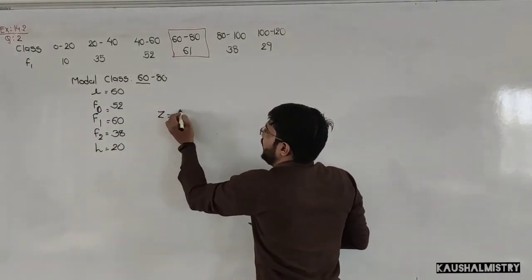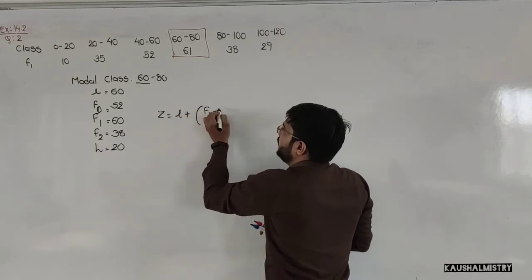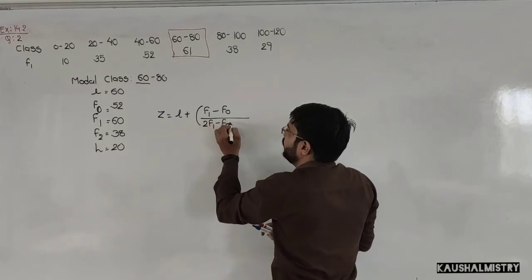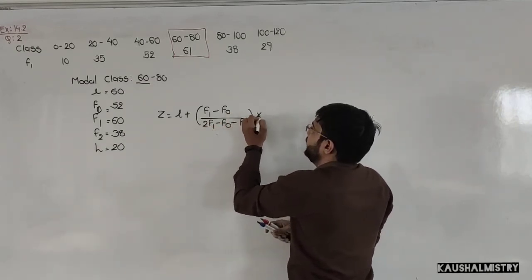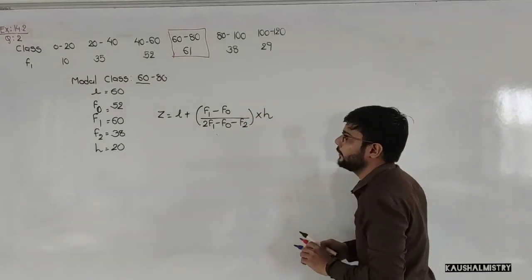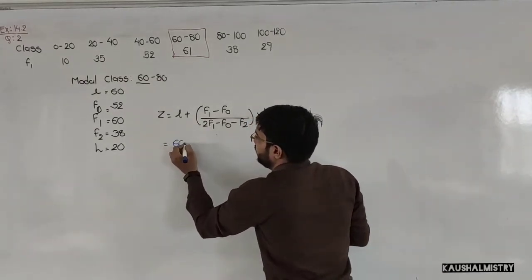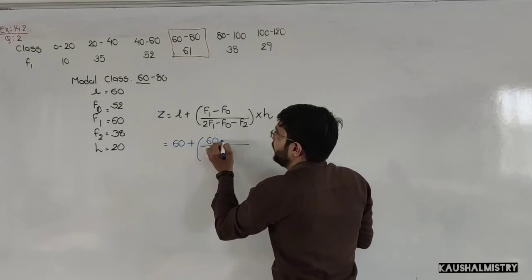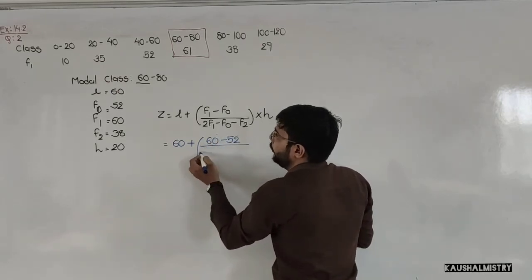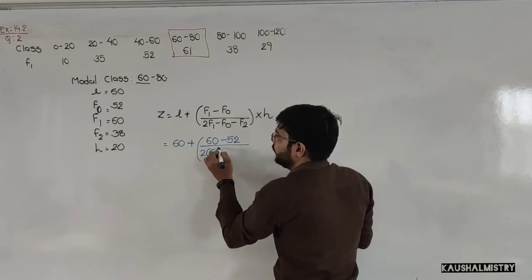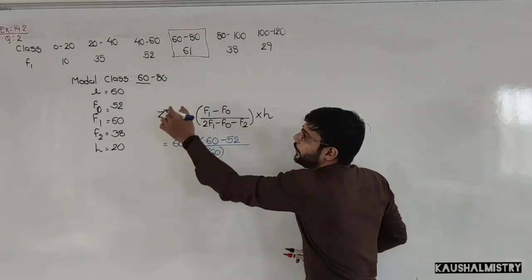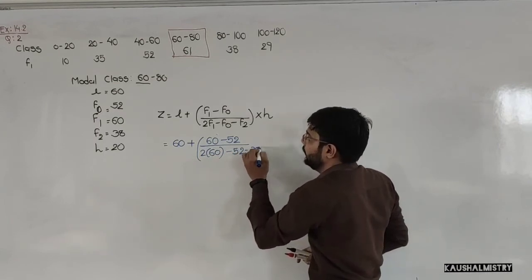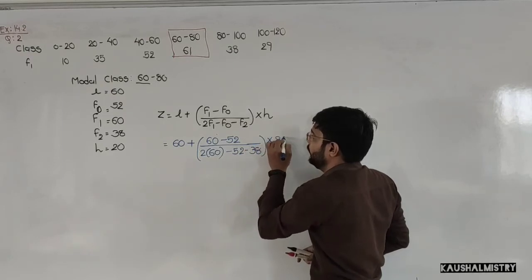Now mode is equal to L plus F1 minus F0 upon 2F1 minus F0 minus F2 multiplied by H, right? L is equal to 60 plus F1 minus F0, that is 60 minus 52 upon 2 multiplied by 60 minus F0, that is minus 52, F2 will be minus 38, multiplied by 20.